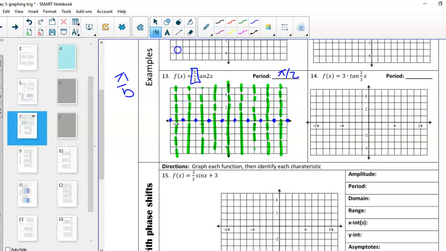To the right, you're now going to go up to 2.5 instead of 1. And on the left, you're going to go down to 2.5 instead of negative 1. And it's just going to repeat itself for all of these periods.